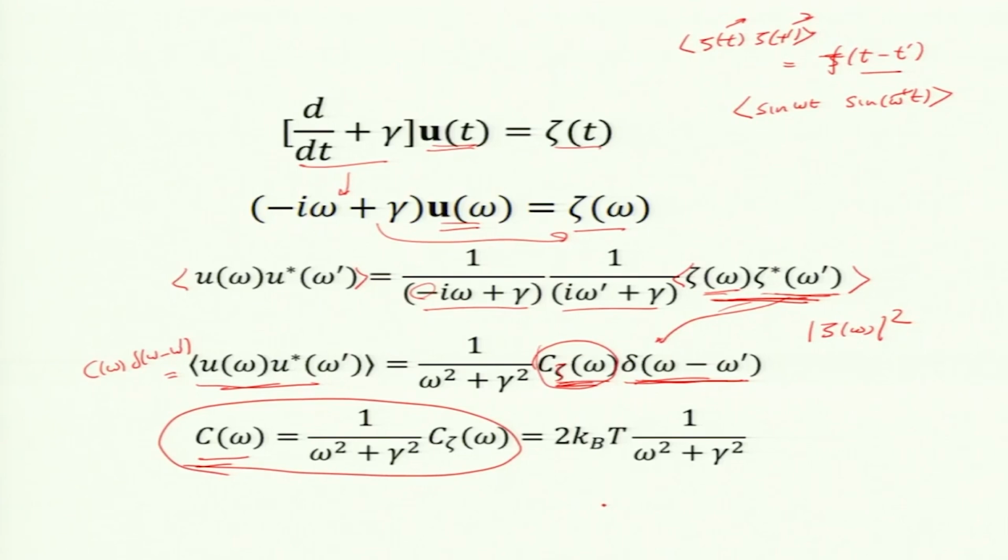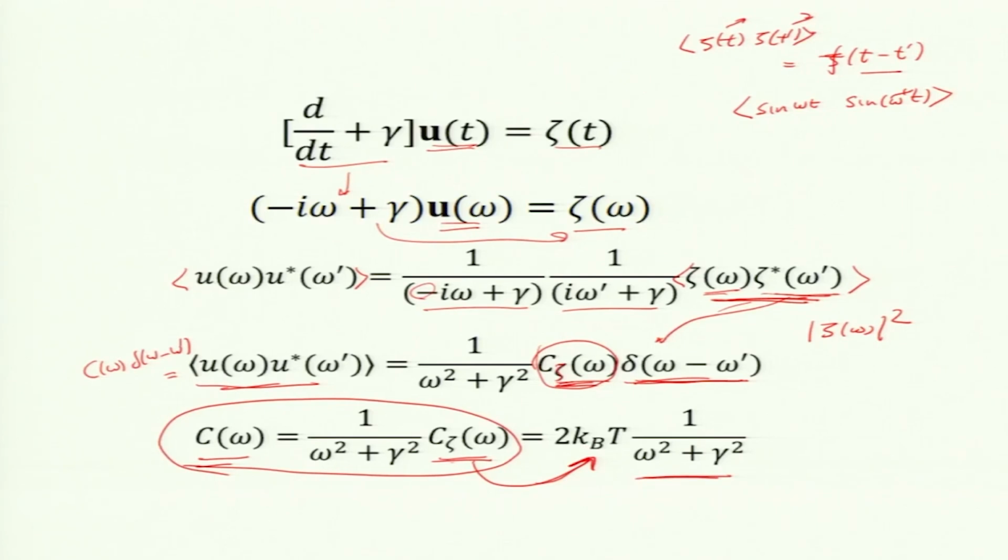Now, this part is left without proof: since it is in a heat bath, zeta represents temperature, fluctuation, noise, kicking. So, this is equal to 2 kBT, proportional to temperature. From the algebra it comes out as 2 kBT. So, my correlation function for the Langevin equation is 1 over omega squared plus gamma squared multiplied by 2 kBT.